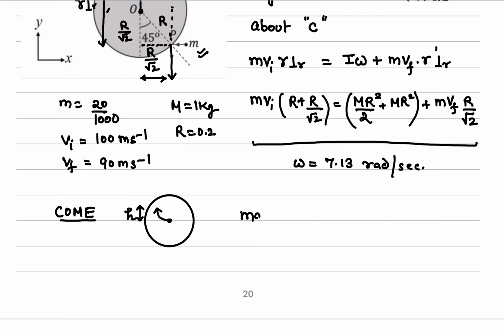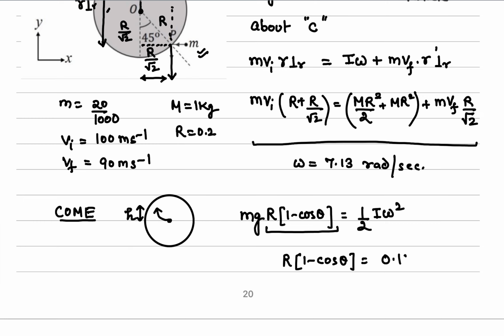So it is gaining m g r (1 minus cos theta), and this energy comes from half I omega square, that is the rotational kinetic energy. From here you will get the height raised, r(1 minus cos theta), and this will come out to be 0.15 meter. So this is the height raised.